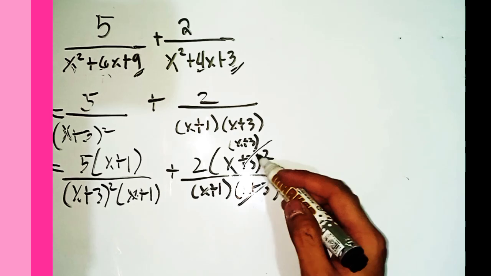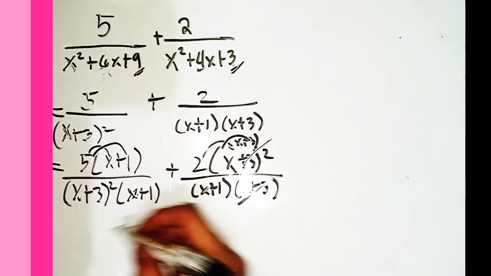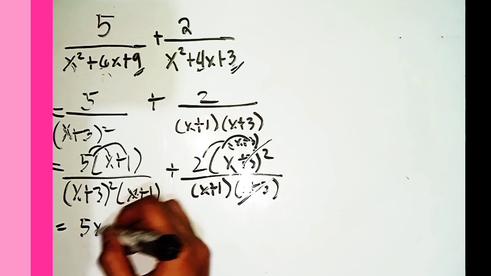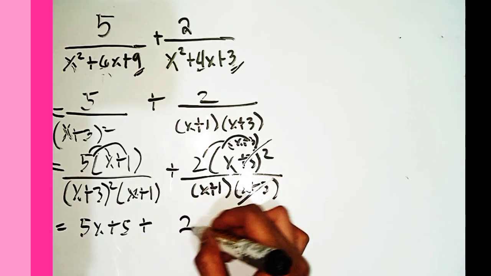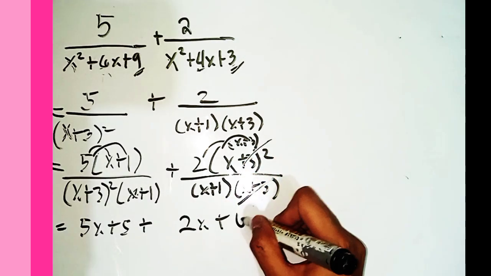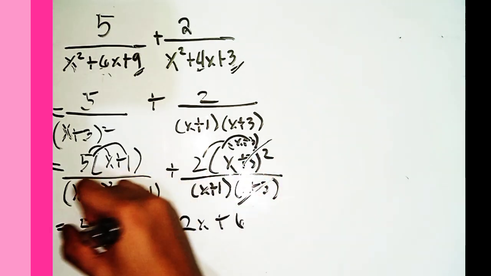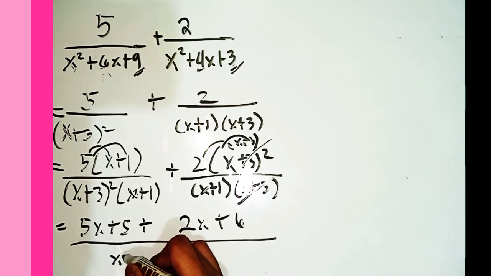So we can still have one x plus 3 there. So just apply the distributive property. So 5x plus 5 plus 2x plus 6.